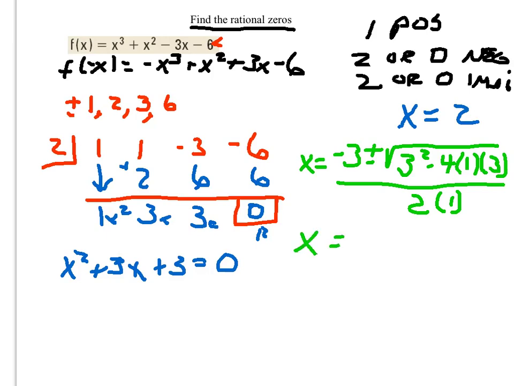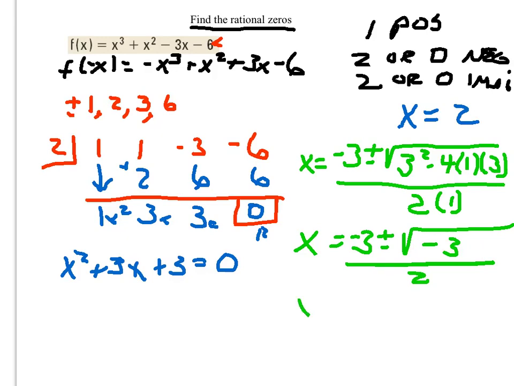So x would equal negative 3 plus or minus the square root of 9 minus 12, which would be negative 3, all over 2. So here we're taking the square root of a negative, so it's going to be an imaginary solution. So x equals negative 3 plus or minus i root 3 over 2.